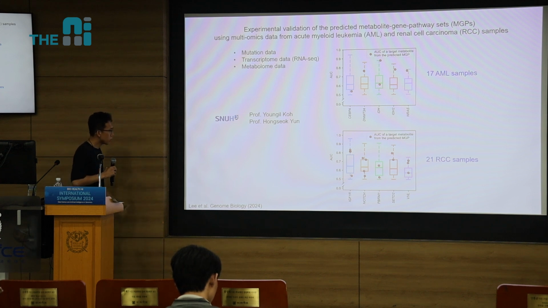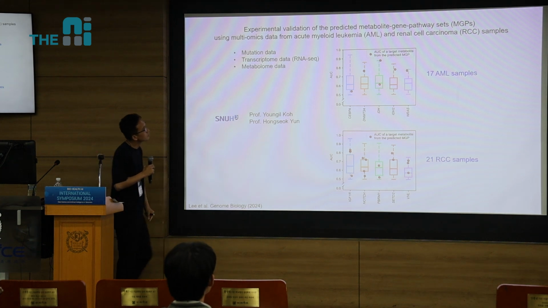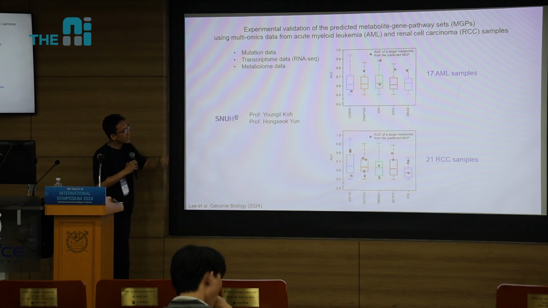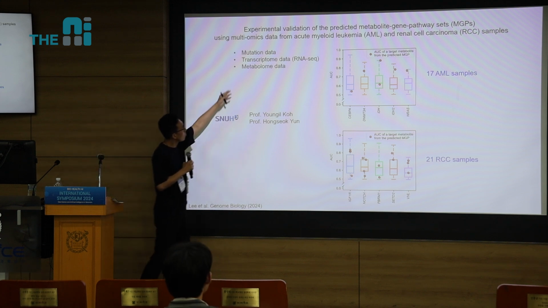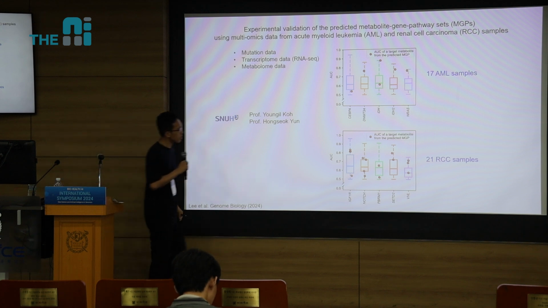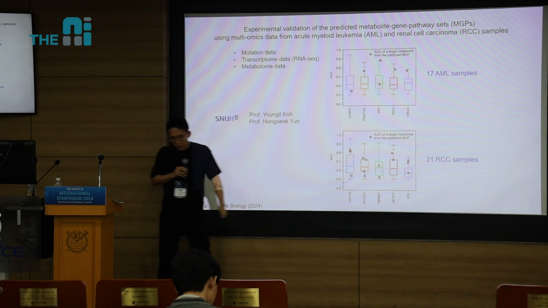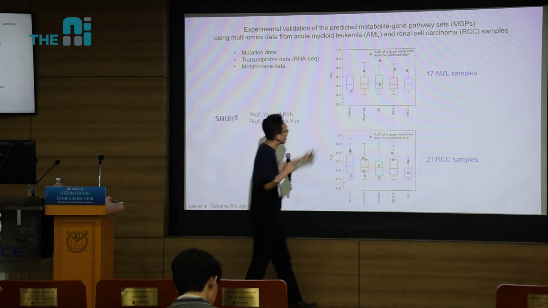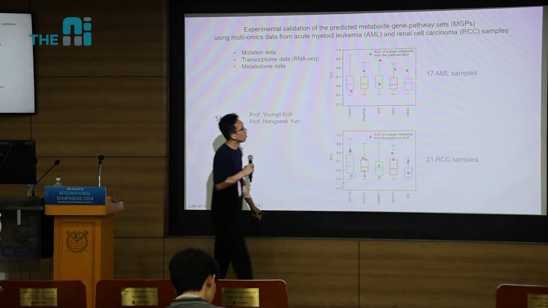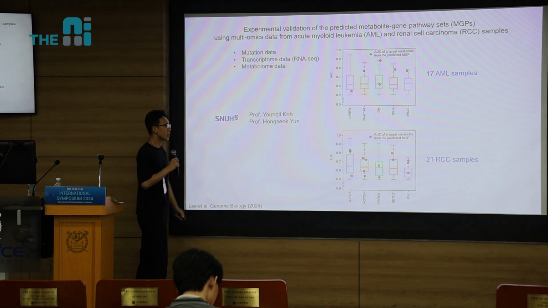I was very much grateful for these doctors at a hospital. We were able to obtain samples for two different types of cancers, blood cancer and kidney cancer. From the samples, we obtained 3 different omics data. Now, what we see here, the red dots, these are the predicted oncometabolite candidates, and they appear to have pretty good discriminative power compared with other metabolites that were not predicted as oncometabolite candidates.